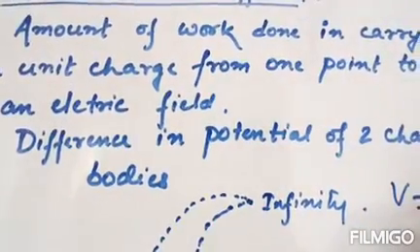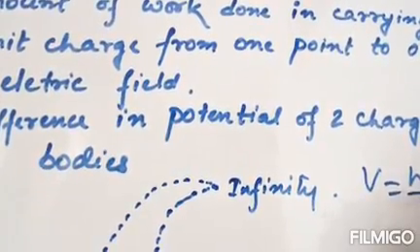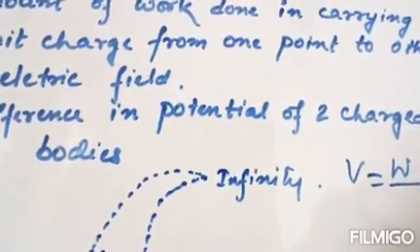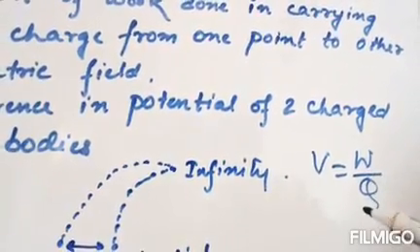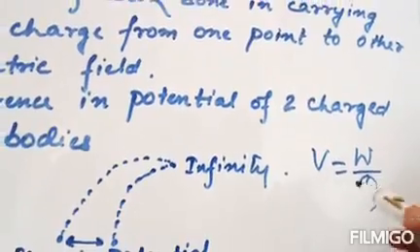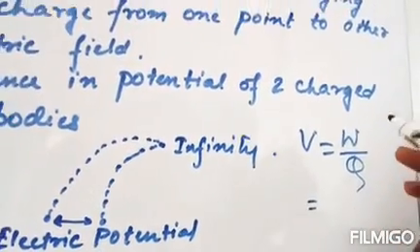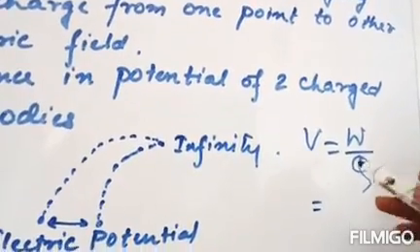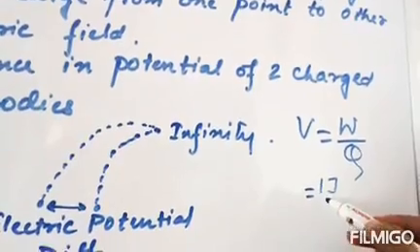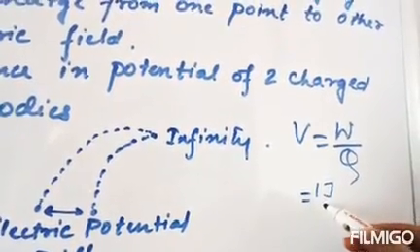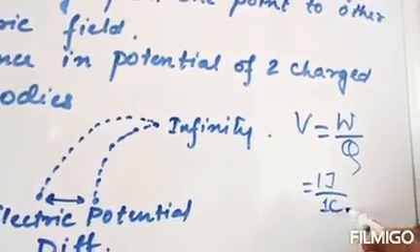So if we consider work done as W and denote charge by Q, it will be W by Q. The unit of work done is the joule. If 1 joule of work is done to move 1 coulomb of charge, that means 1 volt.